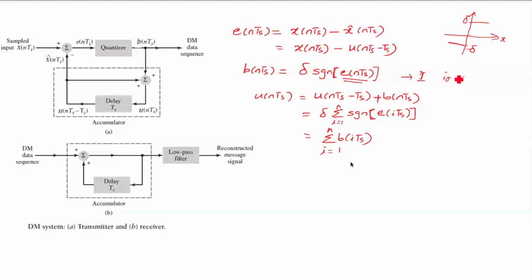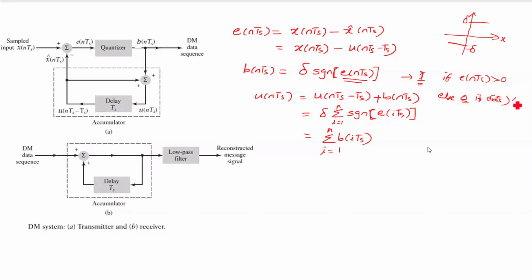If e of n into ts is greater than 0, it is 1, else if e of n into ts is less than 0, it is negative, minus delta. It's binary, logic 0.